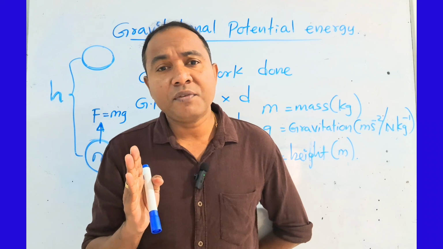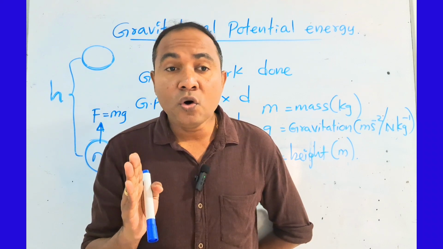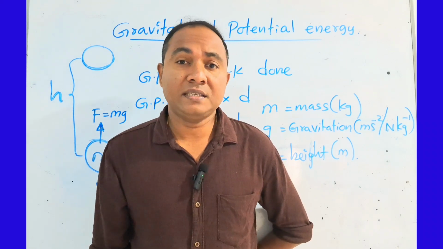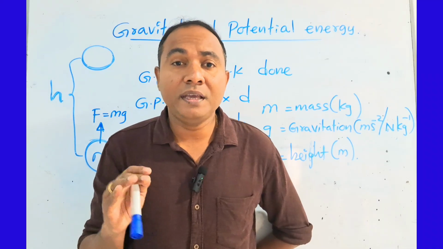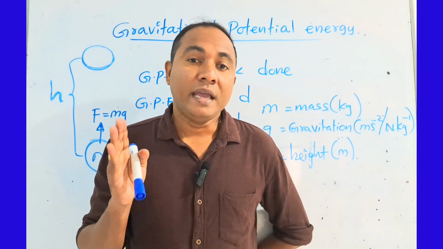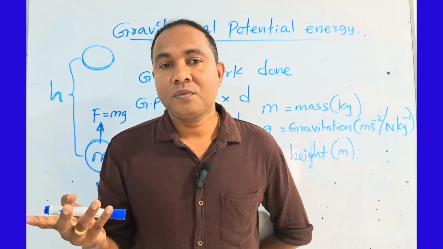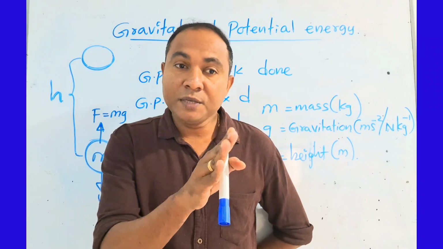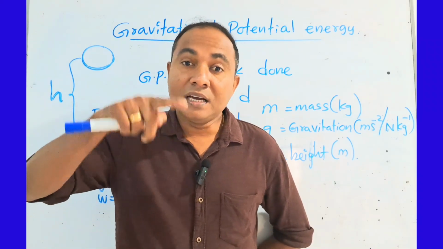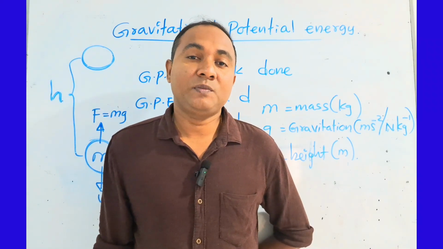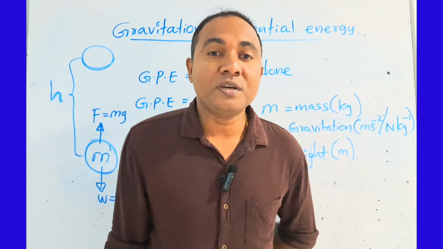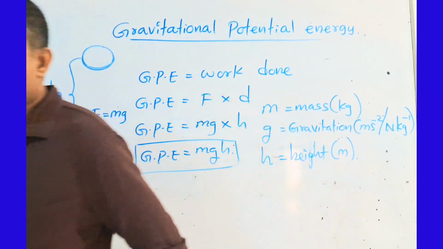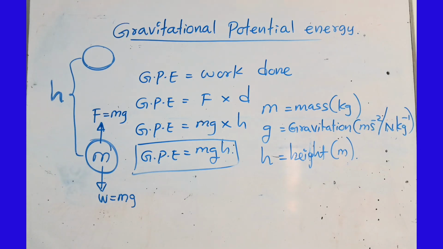What is the law of conservation of energy? It means energy cannot be created or destroyed. One type of energy can be converted into another type of energy. That is the law of conservation of energy.